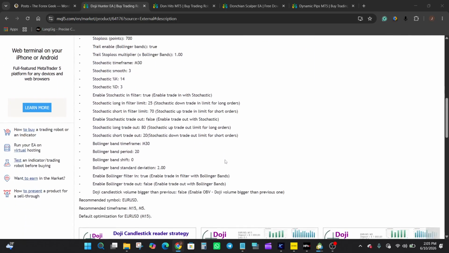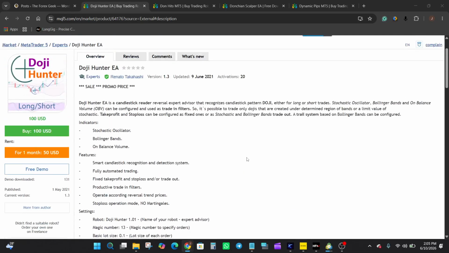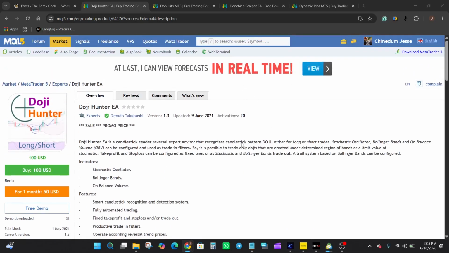If you want the MT4 version, you can just search for the MT4 version if you are using the MetaTrader 4 platform. It is currently priced at 100 US dollars with a 1 month rental option available for 50 US dollars. This is version 1.3 updated on June 9th, 2021, and it shows 20 activations available.